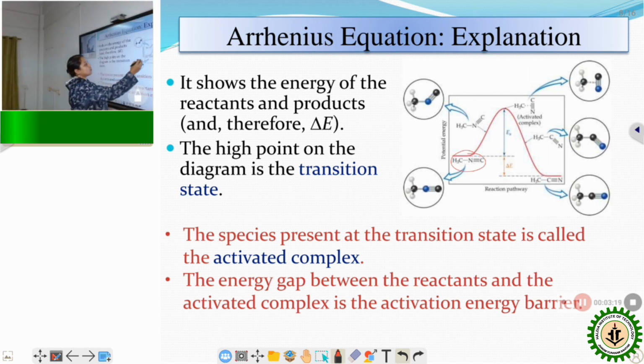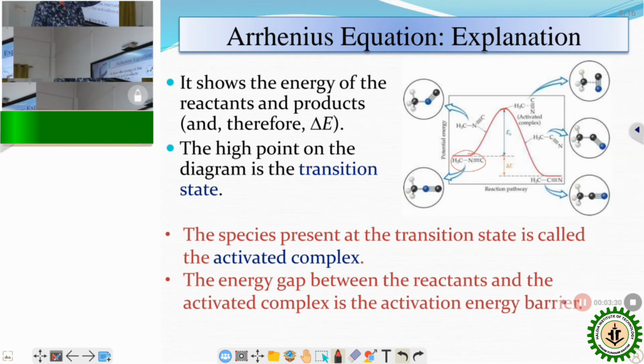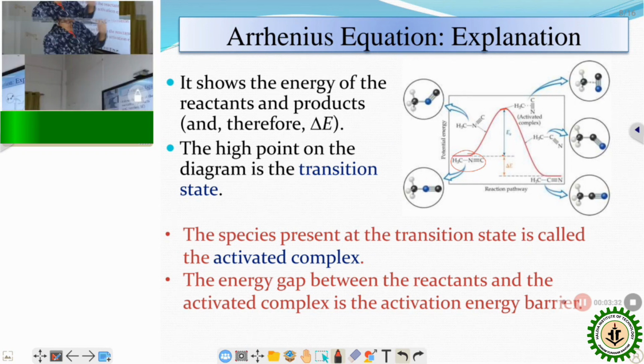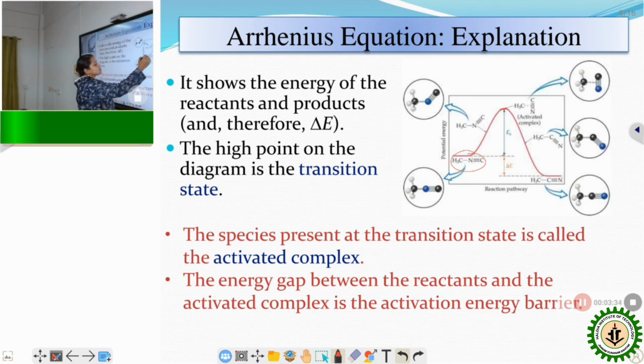When the molecule acquires a particular amount of energy, the activation energy, it reaches the high energy state, and here a complex is formed which is called the activated complex. So the reacting molecule must pass through this high energy state where the activated complex is formed. This activated complex is very unstable, and then it is converted to the final product molecule.